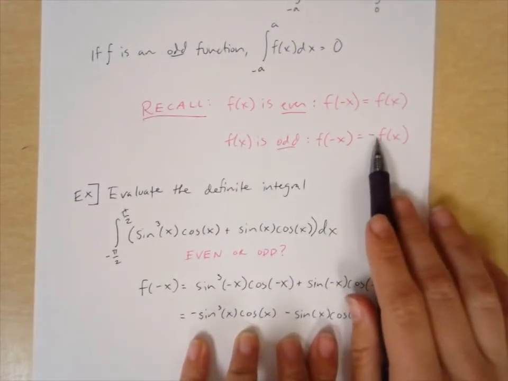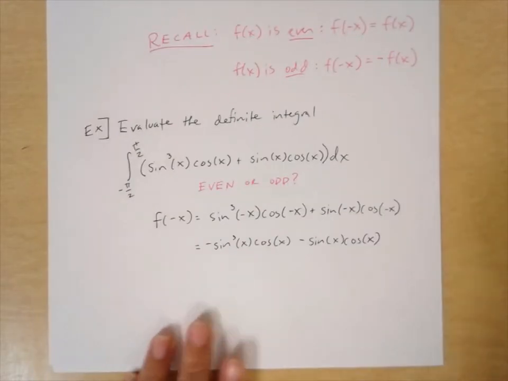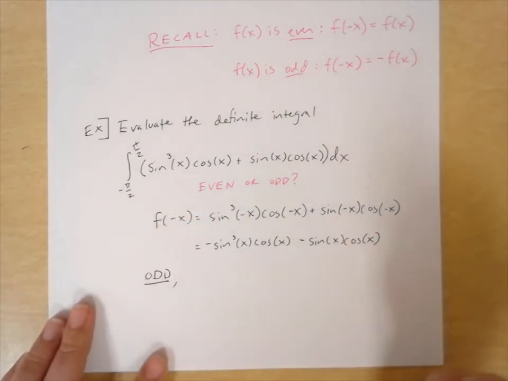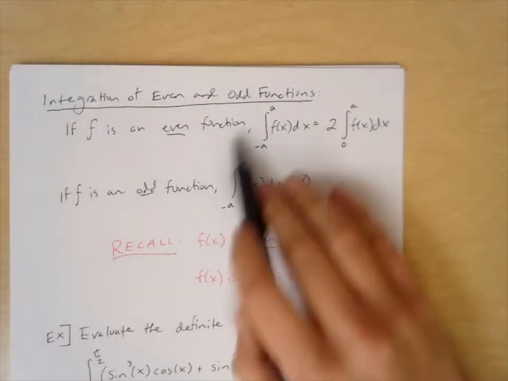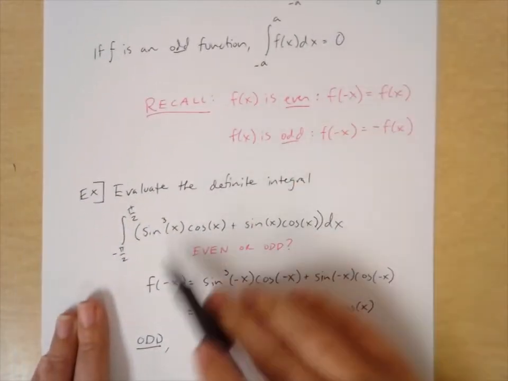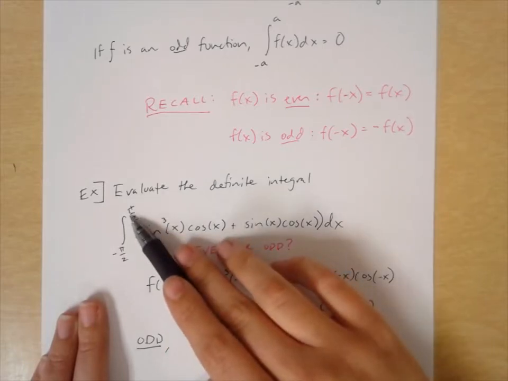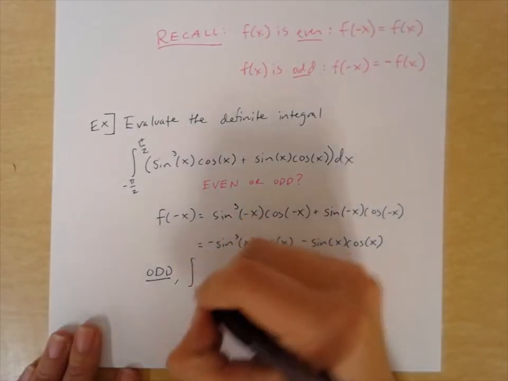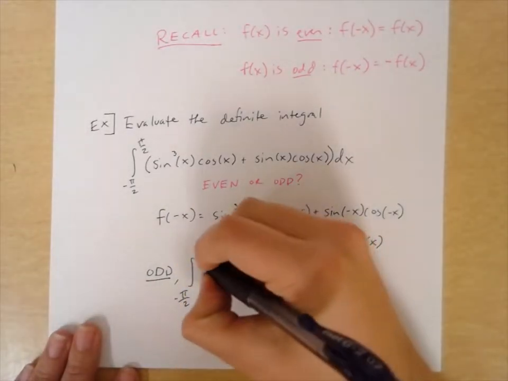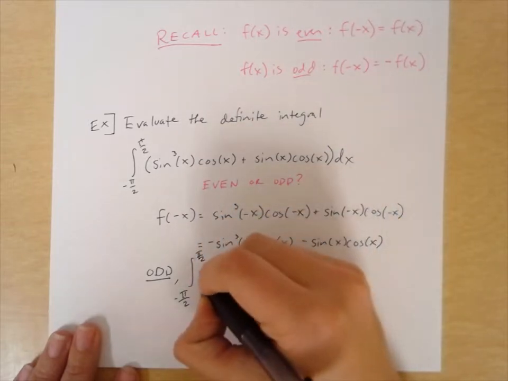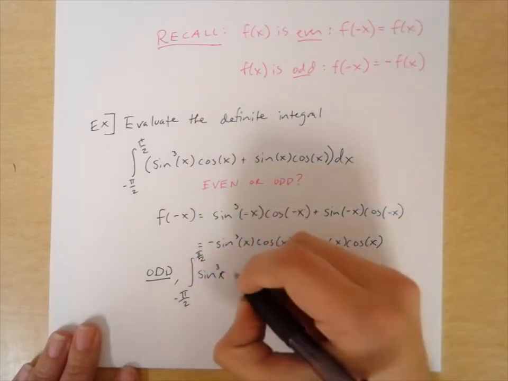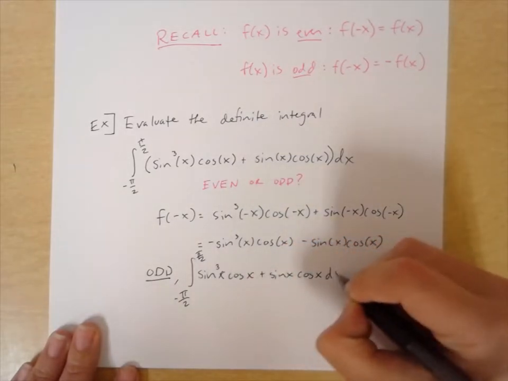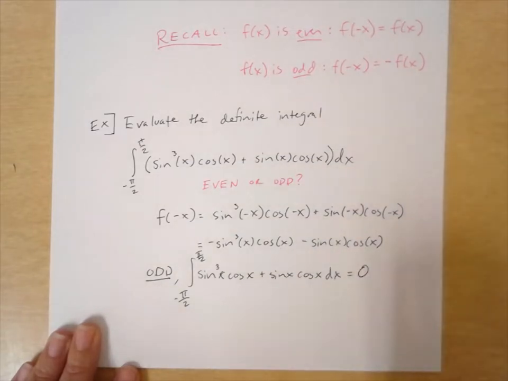Remember, when the signs all change, that means our function is odd. So, I'm going to write that odd, which means, according to our rules here, from a negative something to a positive that same thing, an odd function is going to be 0. So in short, the integral from negative pi over 2 to pi over 2 of sine cubed x cosine x plus sine x cosine x dx is just 0.